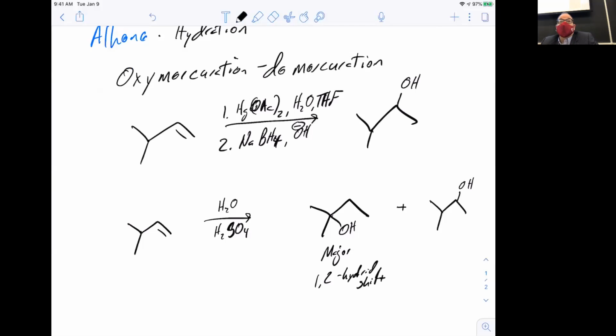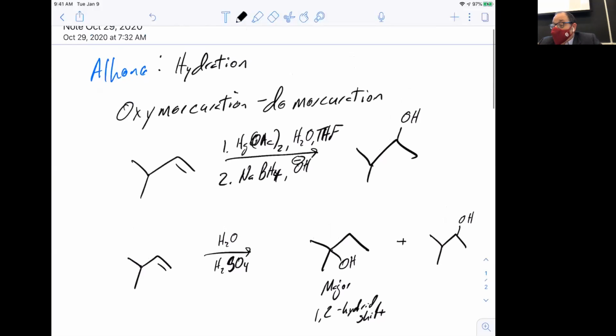So this goes through a carbocation and we can get a hydride shift. Oh, AC. So it's acetate and then there's two of those. So there's parentheses around them.